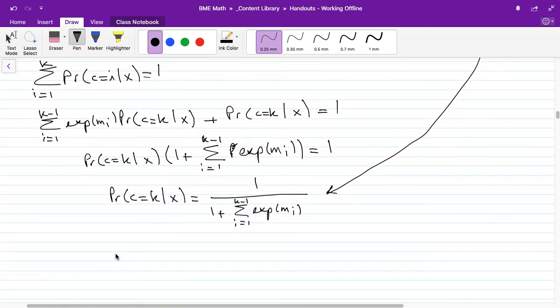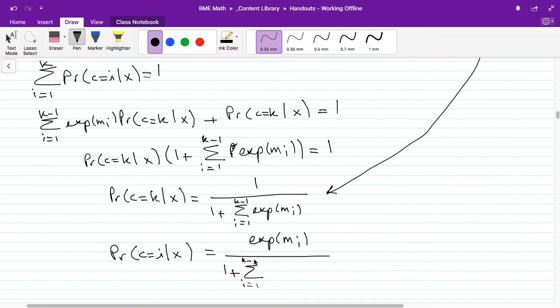So that means the probability of it being class i given x is this times the exponential of m_i, divided by the sum of all the other classes. I'll call this j.